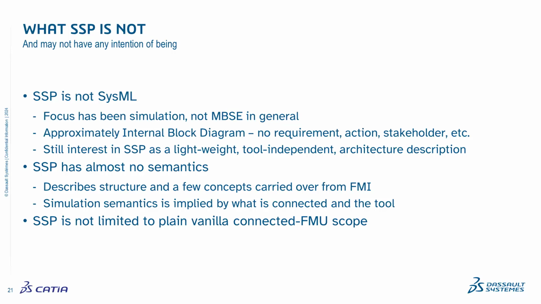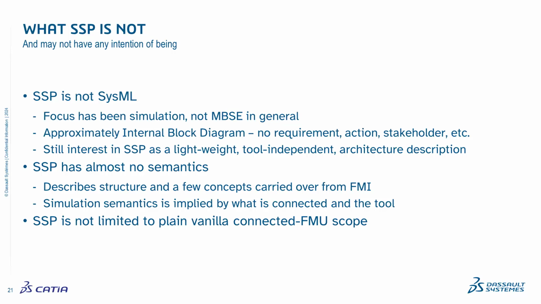One should also remember that SSP has almost no semantics. So it describes structure, but it inherits the semantics from what is connected up. So, for example, if you connect FMUs through an SSP, then you get the FMI semantics of your system. If you have Modelica components, you will get Modelica semantics of your system.